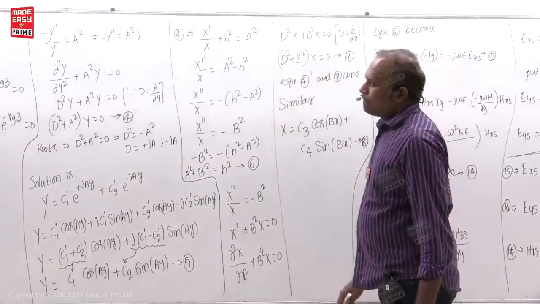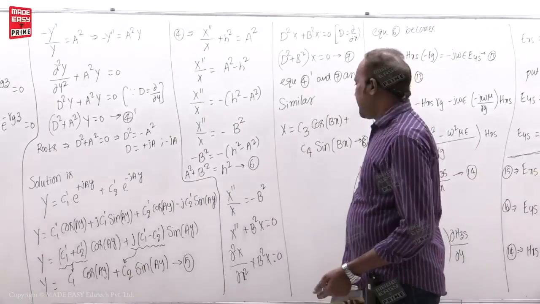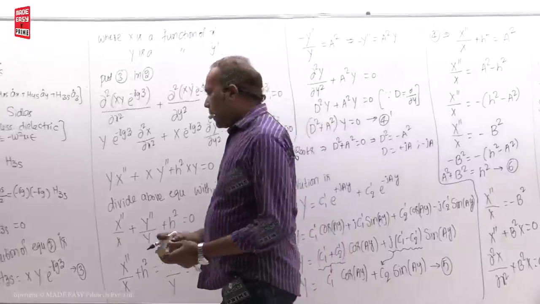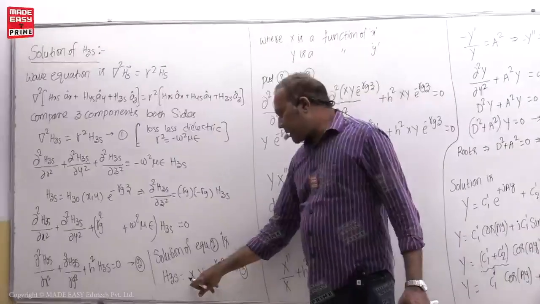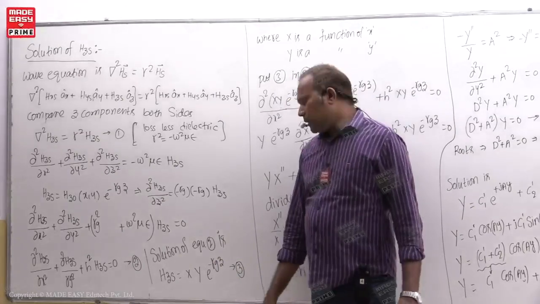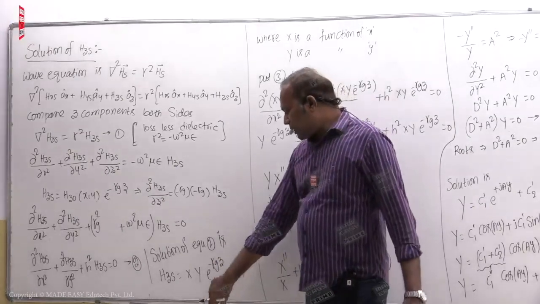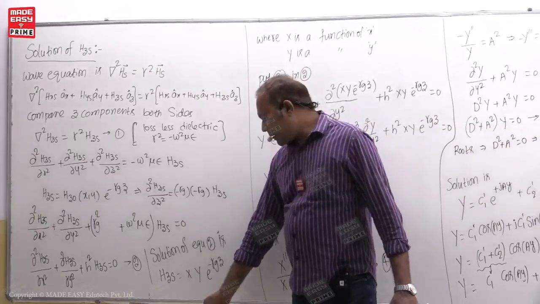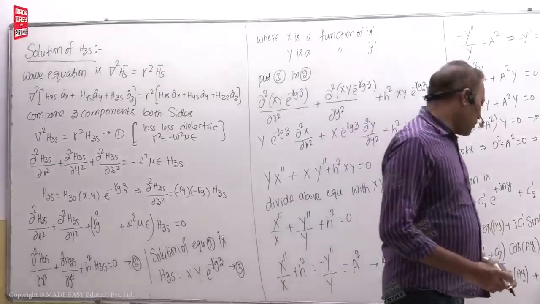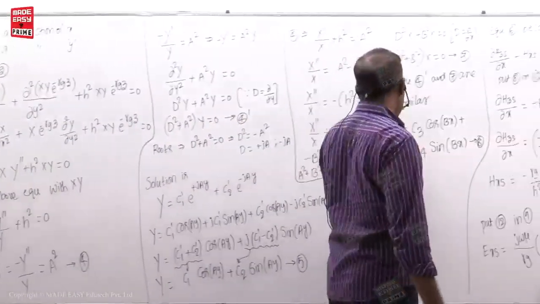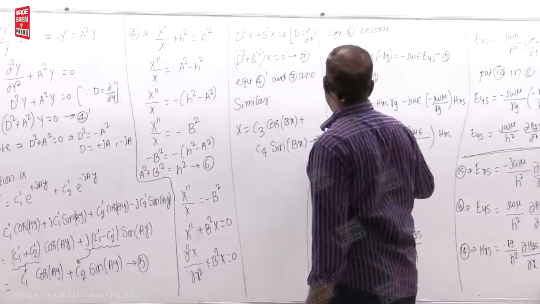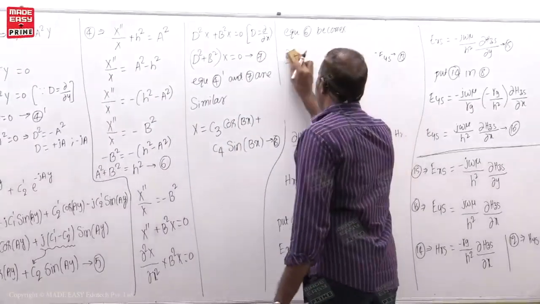So now ultimately, you can see here Hzs is X into Y into e power minus gamma g z. But no need to bother about this one. Here only the magnitude: if you take Hzs is equal to X into Y, that X you got here, and that Y is here.